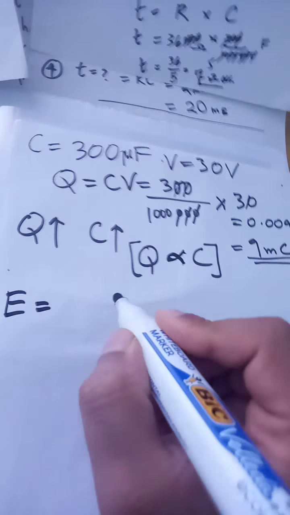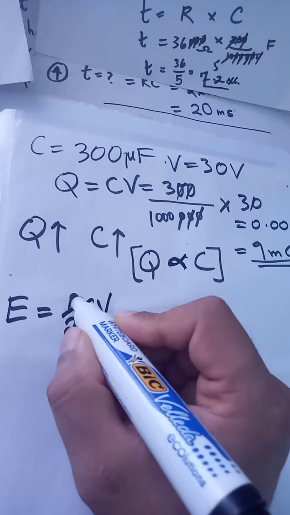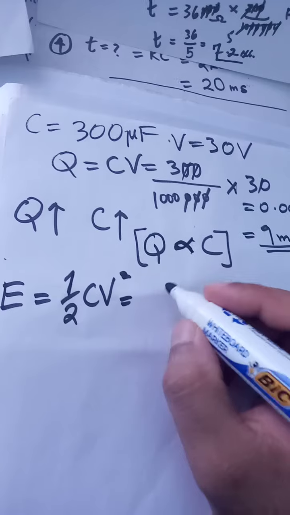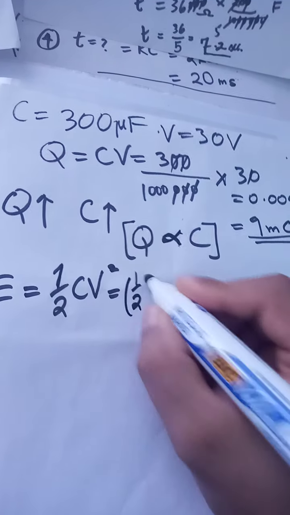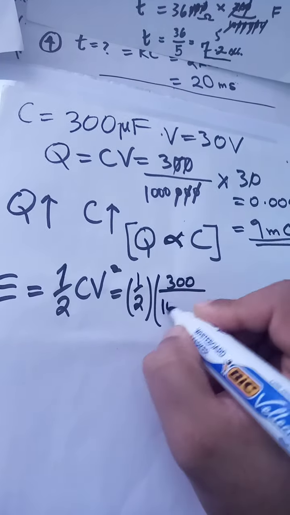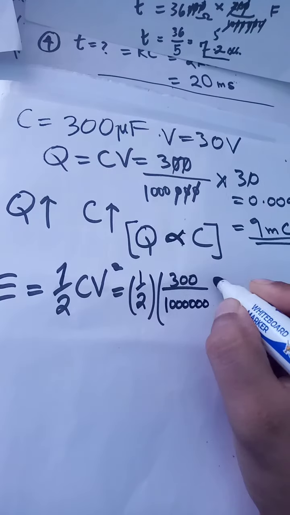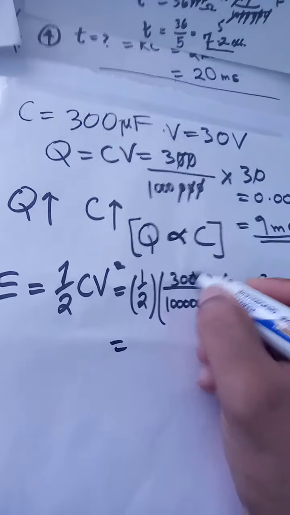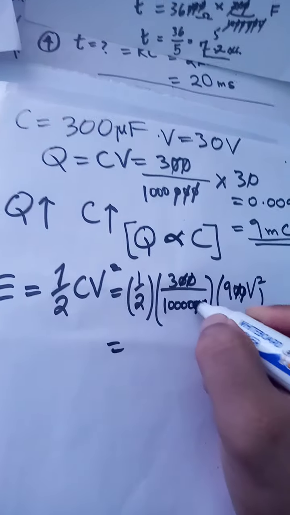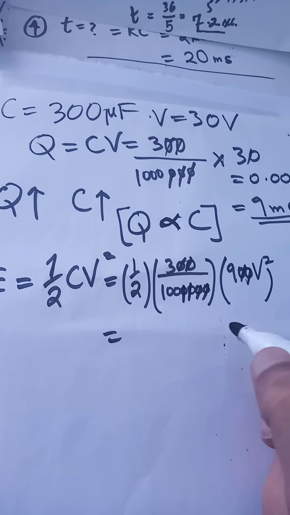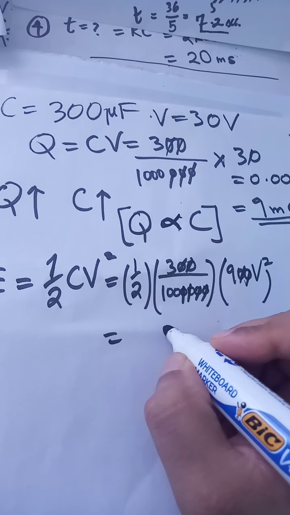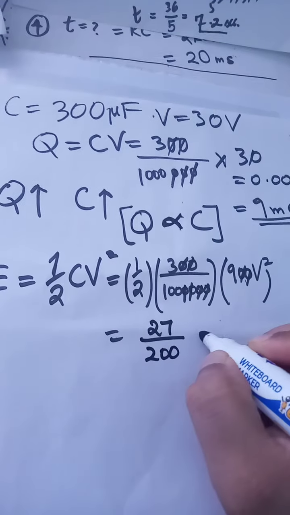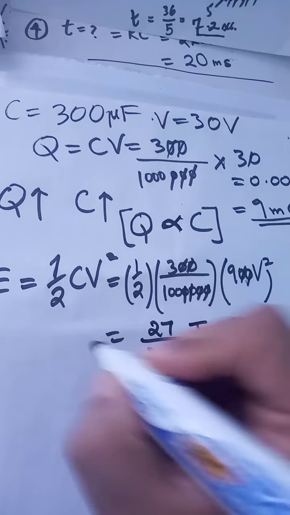So has the energy increased as well? It definitely should. Half times capacitance times voltage squared, 27 divided by 200 joules.